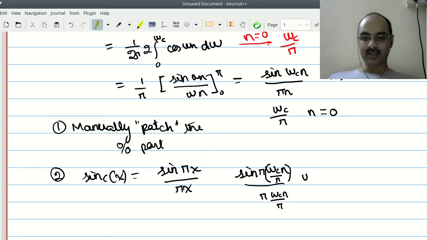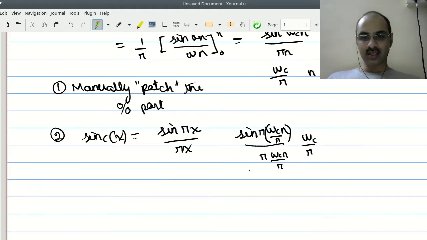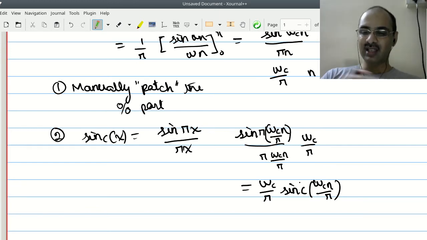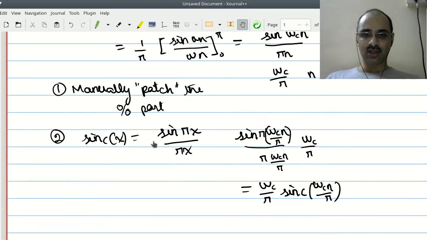I need to compensate with another omega c upon pi. So this, if you notice, can be written as omega c upon pi sinc of omega c n upon pi. So this is the other approach to writing the ideal low pass filter without dealing with the issue of the 0 by 0 division. Okay. So this is the impulse response of the ideal low pass filter.